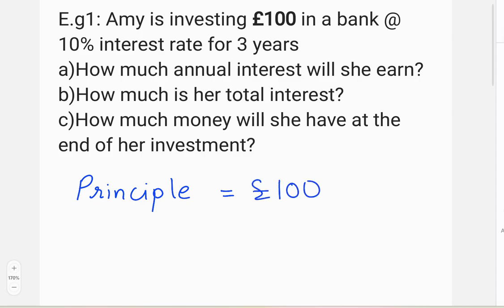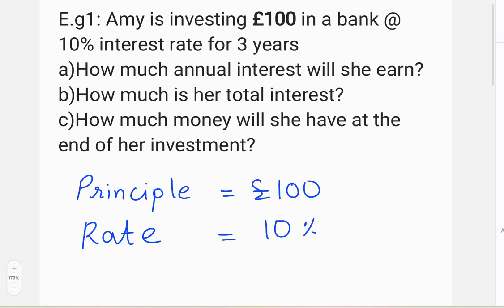Now, the next thing is the rate of interest. What is the interest rate they have given us here? The rate of interest is 10%. Whenever you have something in percentage and you have to work out a question, you will always have to change it into a decimal to work it out.